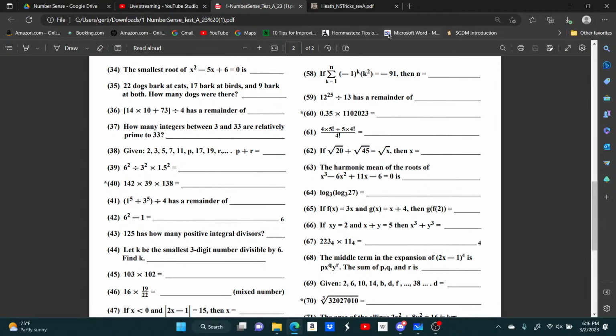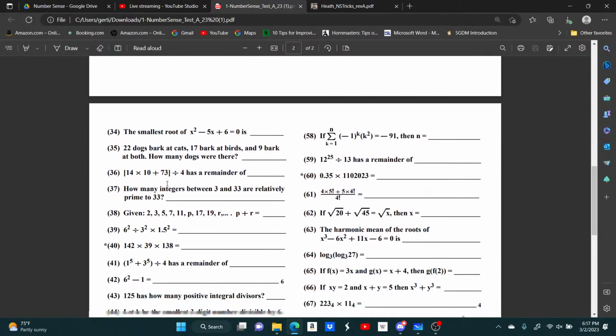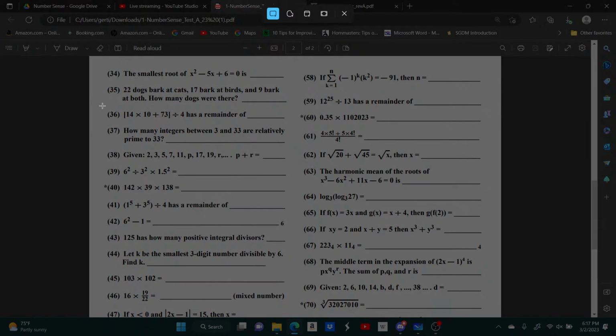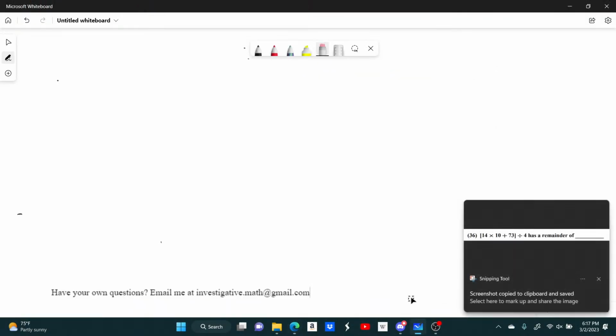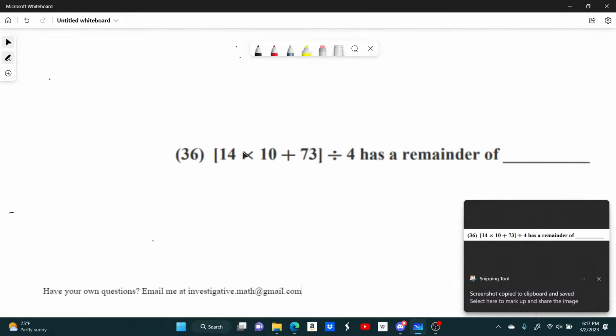Okay, in the meantime, let's look at 36. So, remember up here, whenever we tried to find this remainder when divided by 4, we can do a very similar thing here. Just find the remainder when each of these things are divided by 4, and then just do the operations, right?